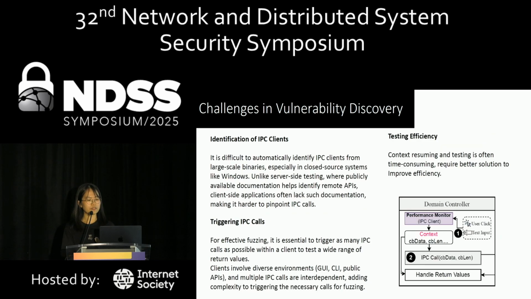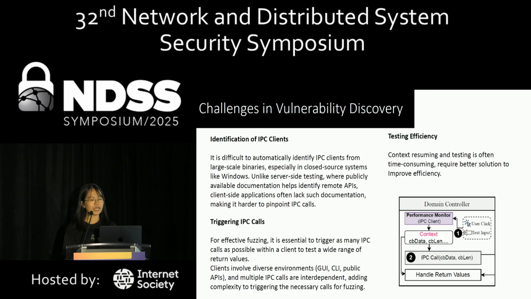IPC is very common, but compared to traditional server-side vulnerabilities, detecting client-side vulnerabilities presents different challenges. Here are three key aspects. First, it's difficult to identify IPC clients from large-scale binaries, especially in closed-source systems like Windows. Unlike server-side testing, where documentation helps identify remote APIs, client-side applications often lack such documentation, making it harder to locate IPC calls.